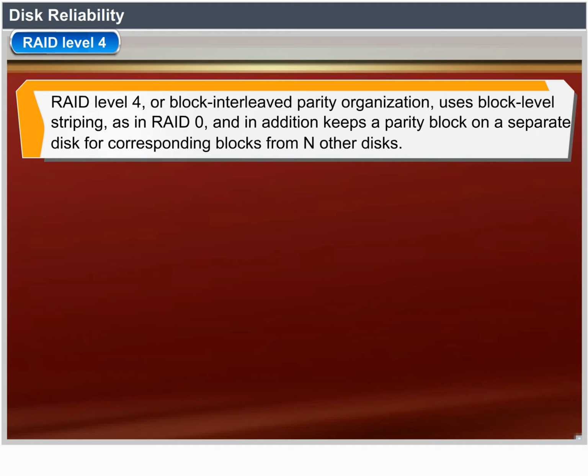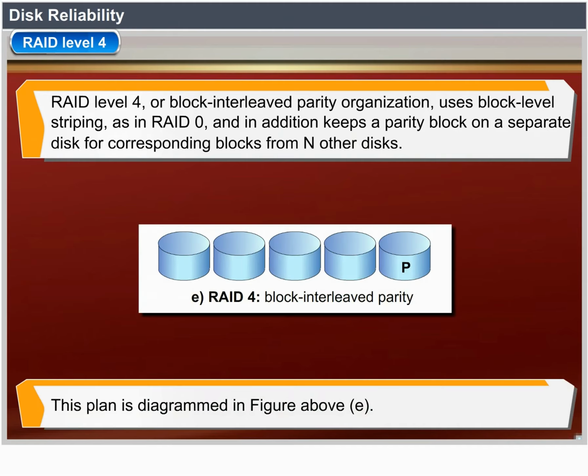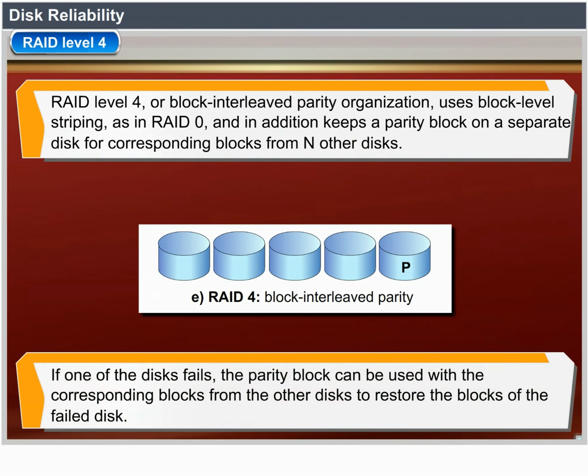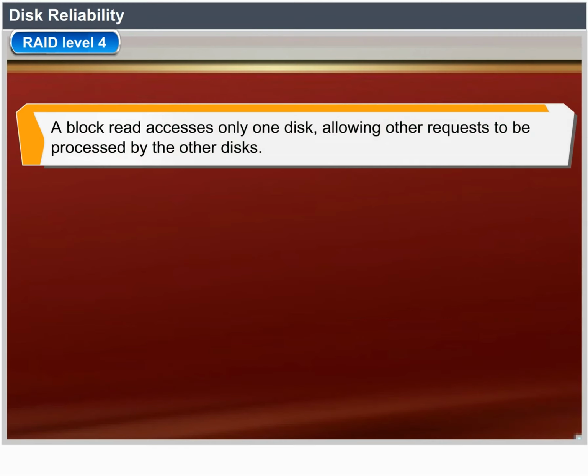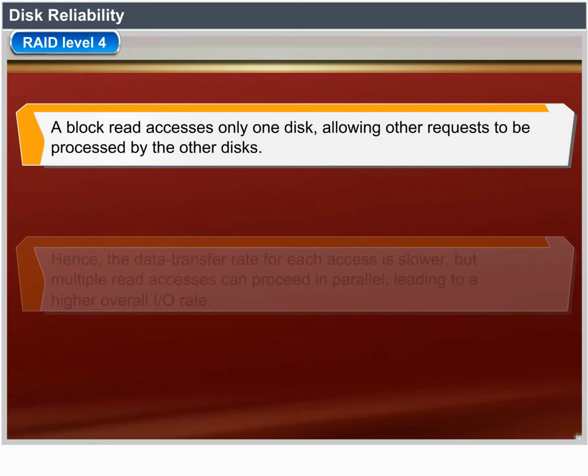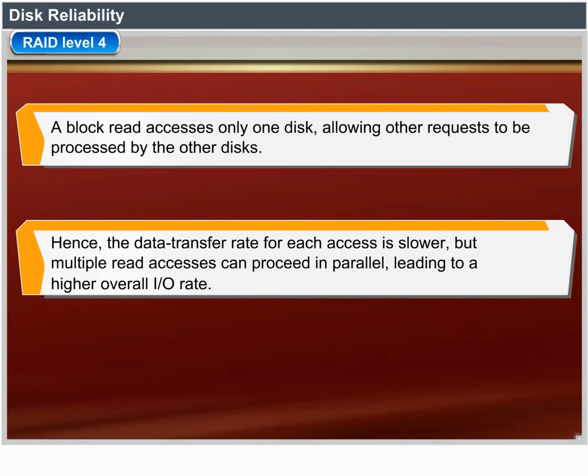The scheme is diagrammed in figure above, E. If one of the disks fails, the parity block can be used with the corresponding blocks from the other disks to restore the blocks of the failed disk. A block read accesses only one disk, allowing other requests to be processed by the other disks. Thus, the data transfer rate for each access is slower, but multiple read accesses can proceed in parallel, leading to a higher overall input-output rate.